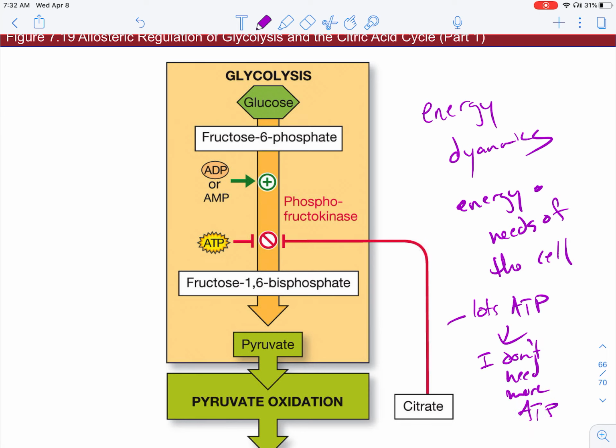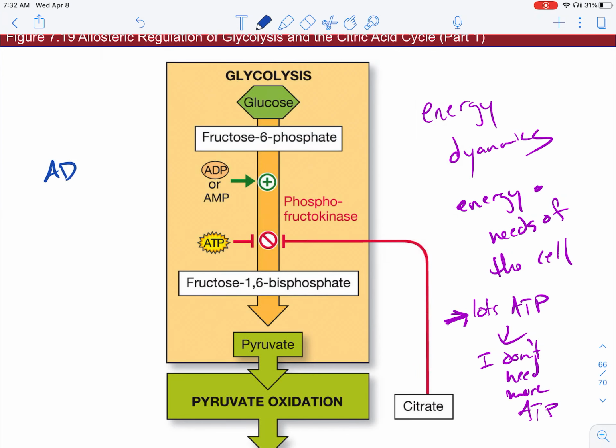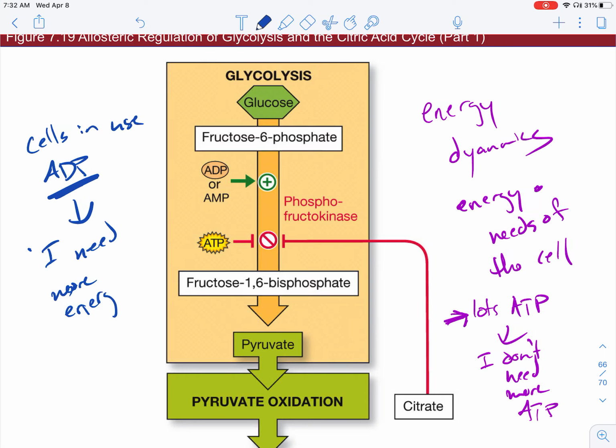right? So if it has lots of ATP, it's going to stop this cycle. Whereas if it has lots of ADP, so the cell is being used, it's going to send a signal saying, I need more energy. And so this kind of makes intuitive sense, right?